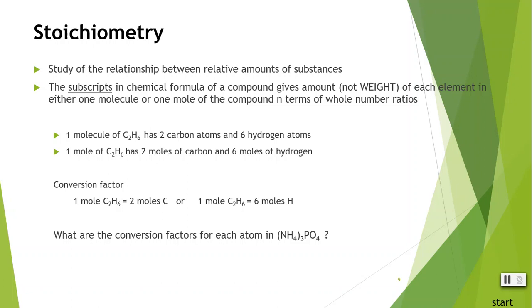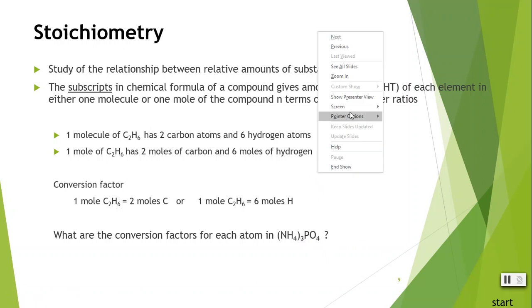To determine those conversion factors for the molecule, you just use the subscripts of the balanced chemical formula to relate moles of that particular atom to 1 mole of the entire compound. So for example, if I asked you what the conversion factors for each atom were in ammonium phosphate, you would use those subscripts, making sure that you remember that the 3 that is out here with the ammonium goes into everything.